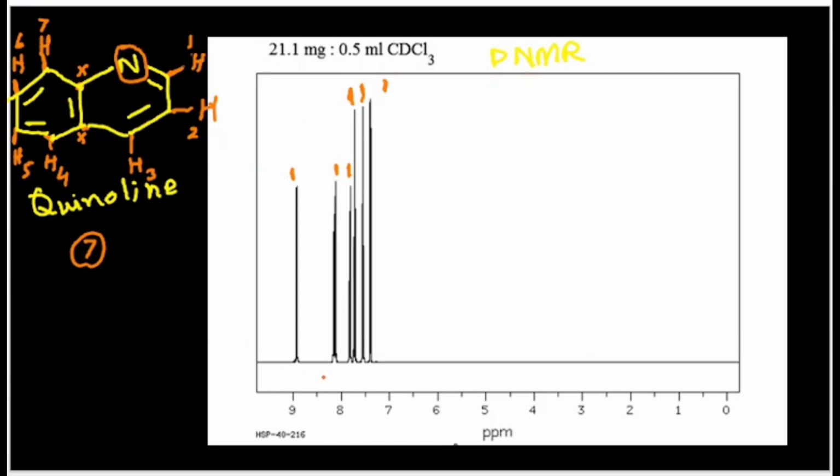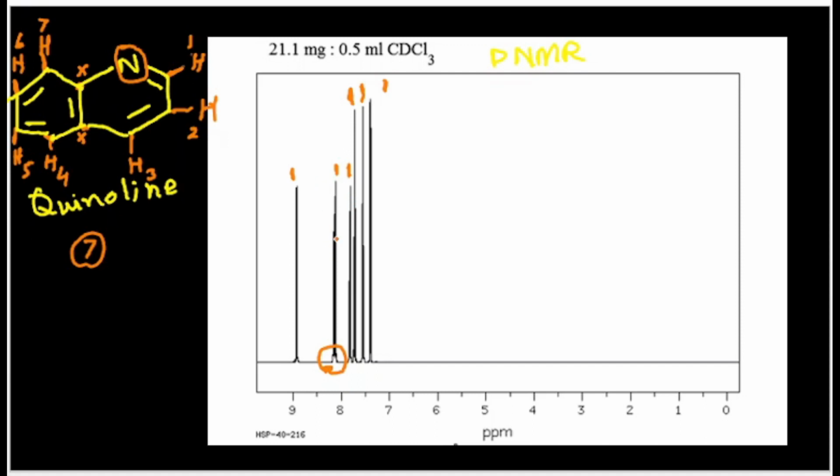Now if you see here, there are 2 peaks that are not exactly of the same chemical shift value, but they are very close, close to merging with each other. As you may see, this is not a very high resolution NMR spectrum, but they are close to merging, though not very much.